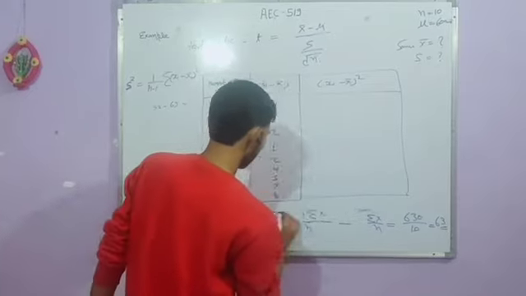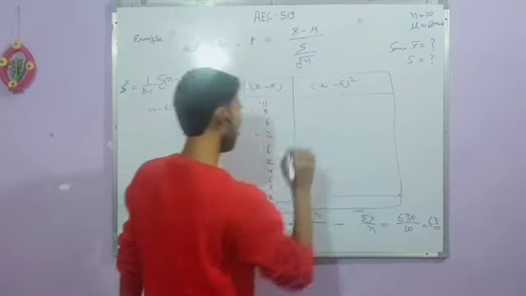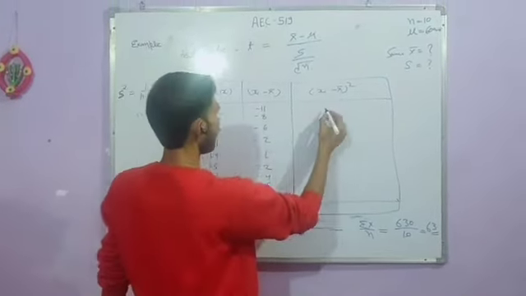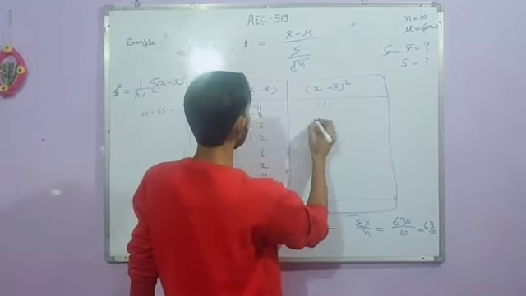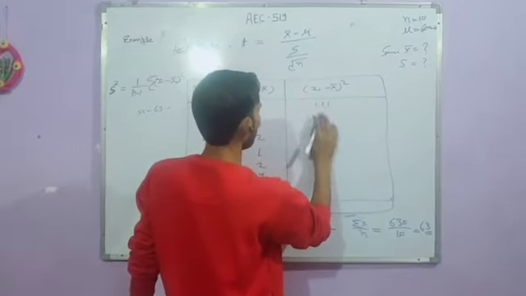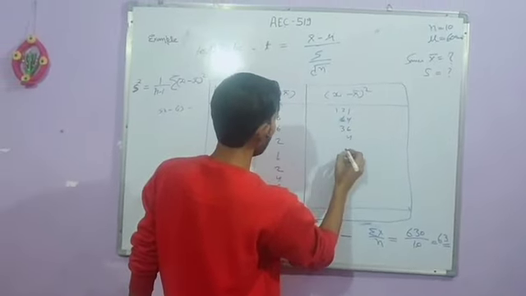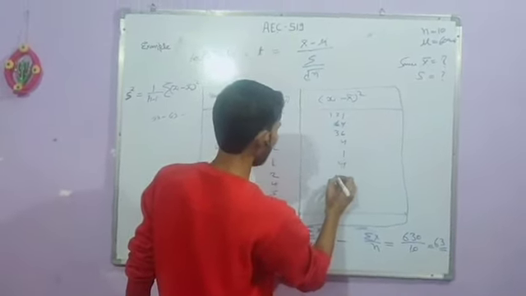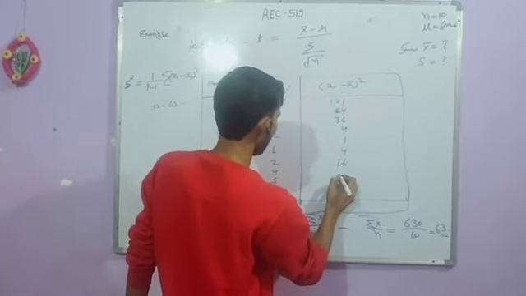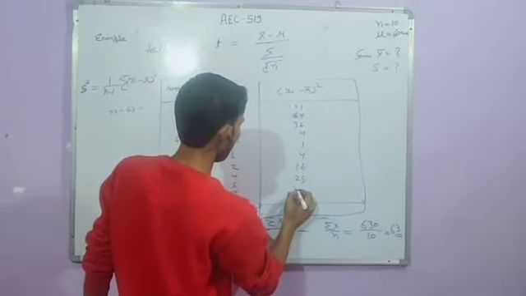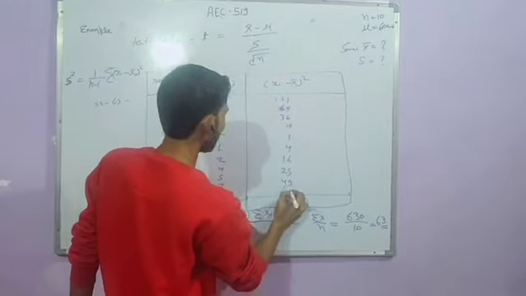Okay, and here the squares: 121, 64, 36, 4, 1, 4, 16, 25, 49 and 64.